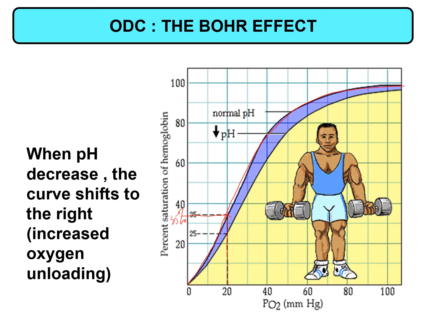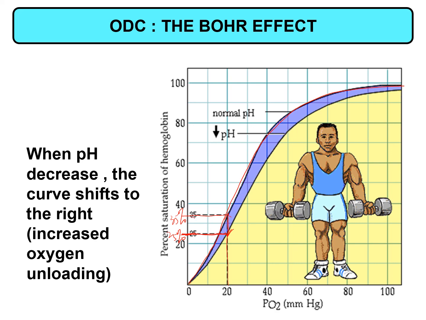hemoglobin saturated with oxygen. But when we do exercise, our carbon dioxide release is increased because our tissues are respiring more. So the pH of the blood will decrease. So when it decreases, it will drop the percentage of the hemoglobin that is saturated with oxygen.